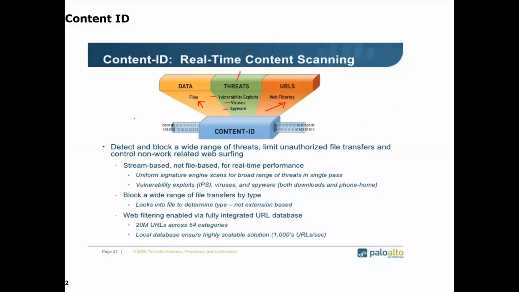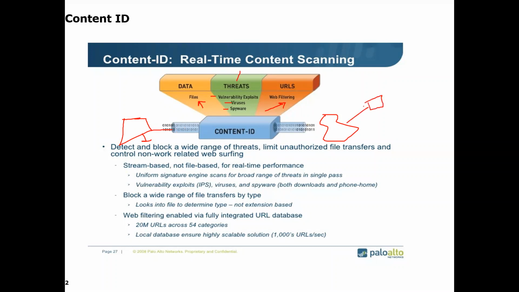Let's say one user is here, and this is the internet, and here is your firewall. When the packet goes, before it goes, first your firewall will check which URL the user is trying to access.